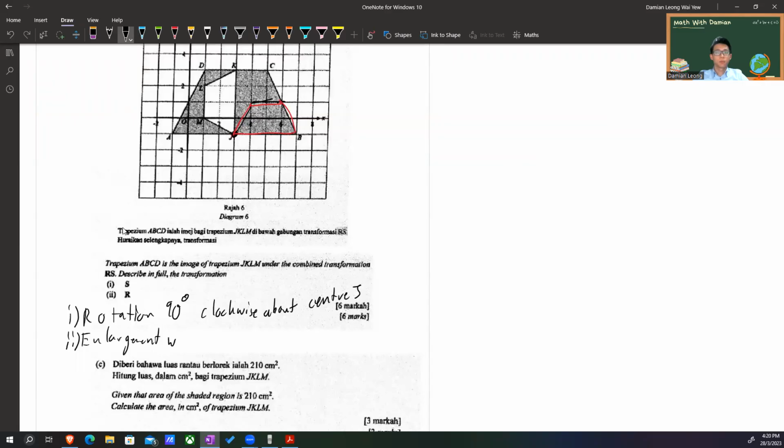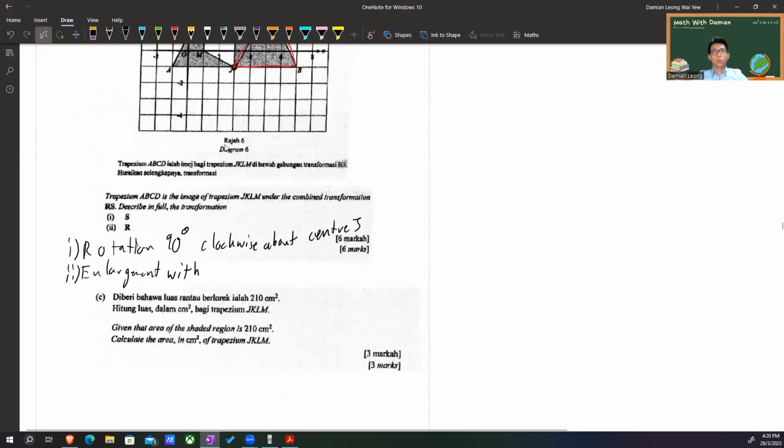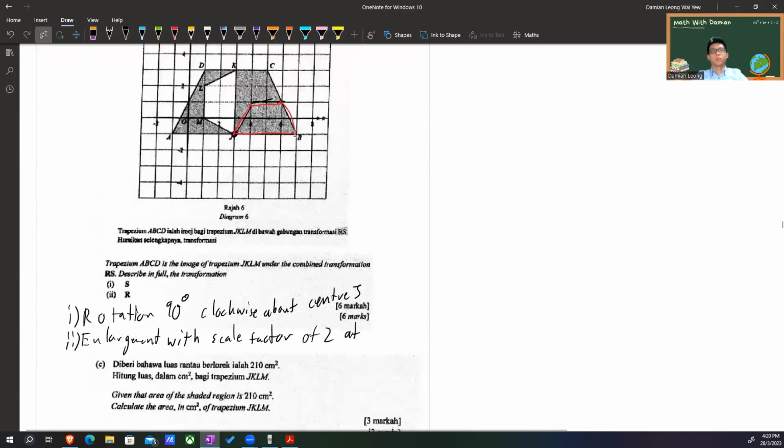Enlargement: we look at the length of it. Basically, the base here is double the length. So scale factor is 2, double the size. Scale factor of 2 and center of enlargement at point B.